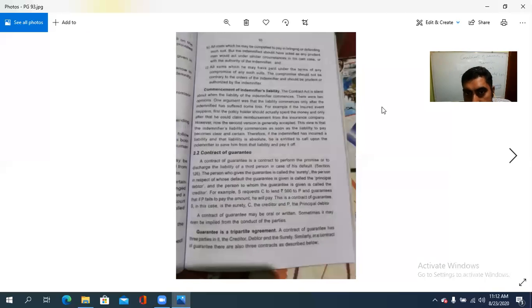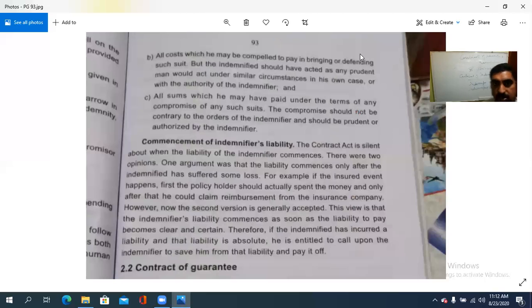Then, all costs which he may be compelled to pay in bringing or defending such suit. All the expenses which he may be compelled to pay in bringing or defending such suit. But the indemnified should have acted as any prudent man would act under similar circumstances in his own case, or with the authority of the indemnifier.